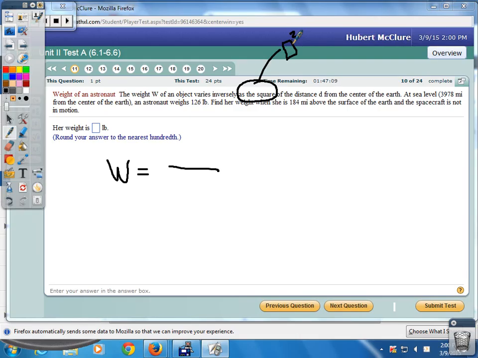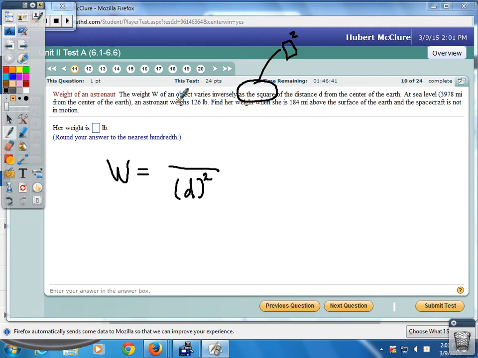This means something squared. The weight of an object varies inversely as the square of the what? Distance. So that's D. And varies inversely.